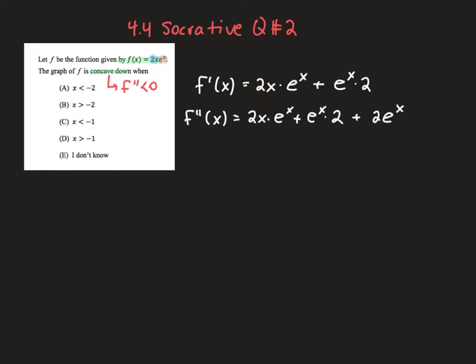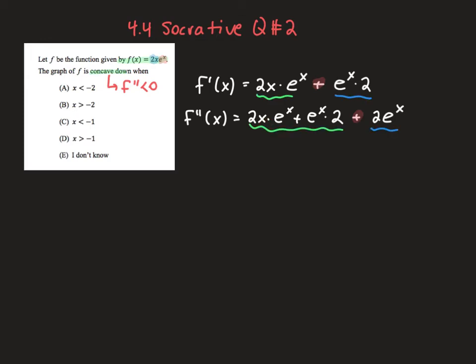First times derivative of e to the x is e to the x, plus the second as is times derivative of 2x, which is 2. This plus here is this plus here. The derivative of e to the x times 2 is just the same thing, so just 2e to the x.